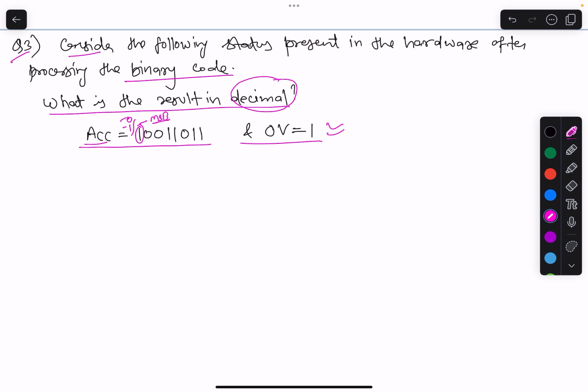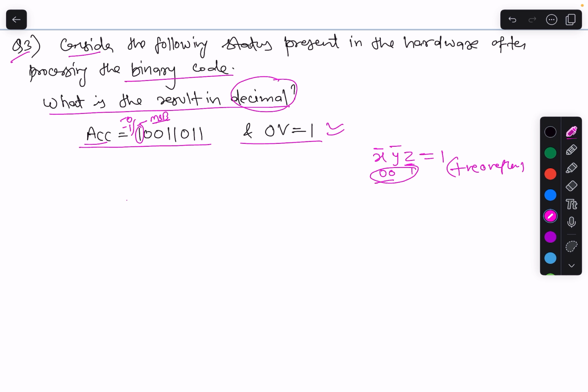That means it is positive overflow. The expression is x bar y bar z equal to 1. Z is 1 here, and of course x and y will be 0. So this is the positive overflow.